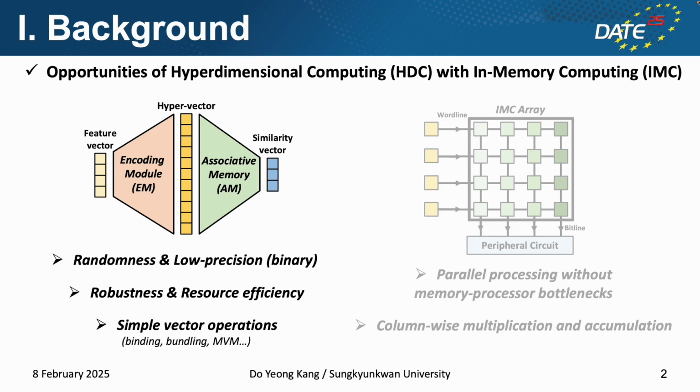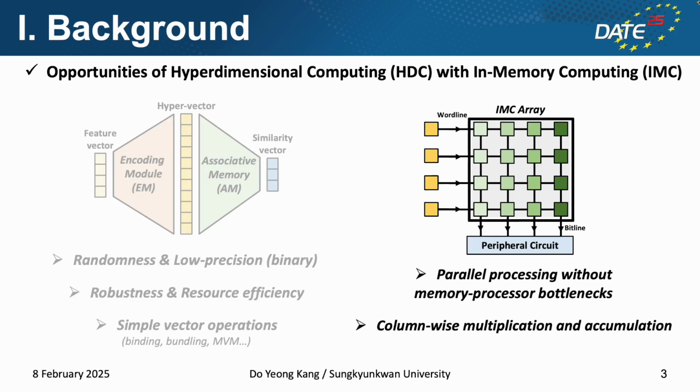In HDC, all processes, including encoding hypervector, training associative memory, and associative search with similarity, are performed through simple vector operations such as binding, bundling, and matrix vector multiplication. This not only makes HDC robust to noise, but also very resource efficient.